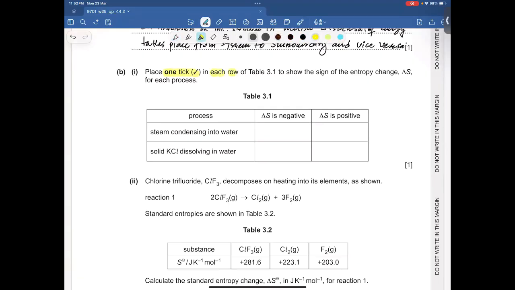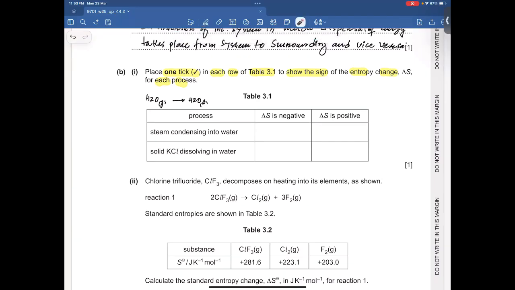Place one tick in each row of table 3.1 to show the sign of the entropy change for each process. Steam condensing into water. So the equation for this reaction is basically steam converting into water.